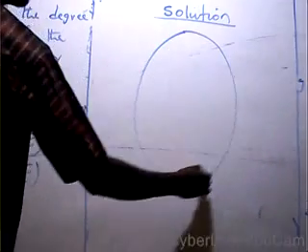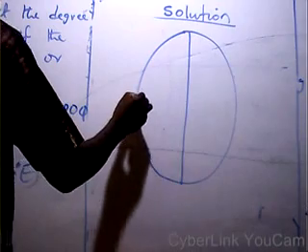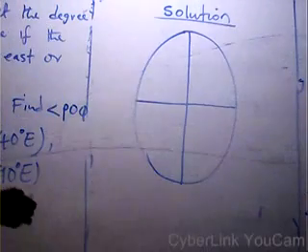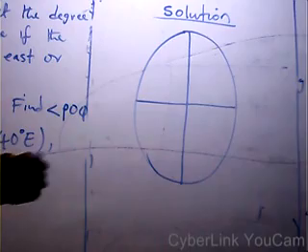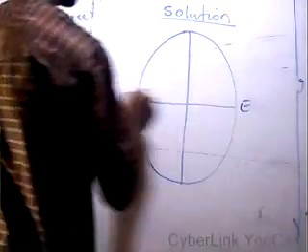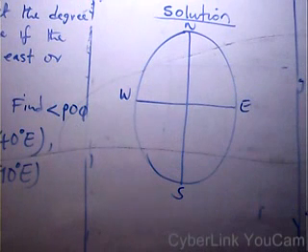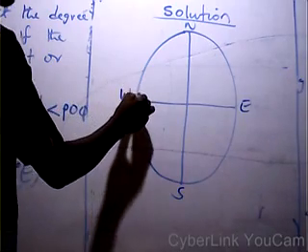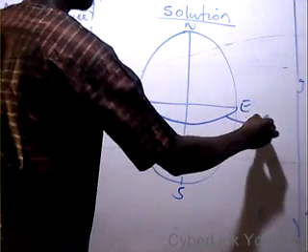Don't forget, it is very important when you are solving problems on latitude and longitude. Even though it is theory, you must draw the diagram. Otherwise, even though your calculation is correct, without a diagram you get 0. So take note. So this is our east, this is west, this is north, and this is south. We are told that P has latitude 15 degrees south. 15 degrees will be very close to 0. So this is 15 degrees south.